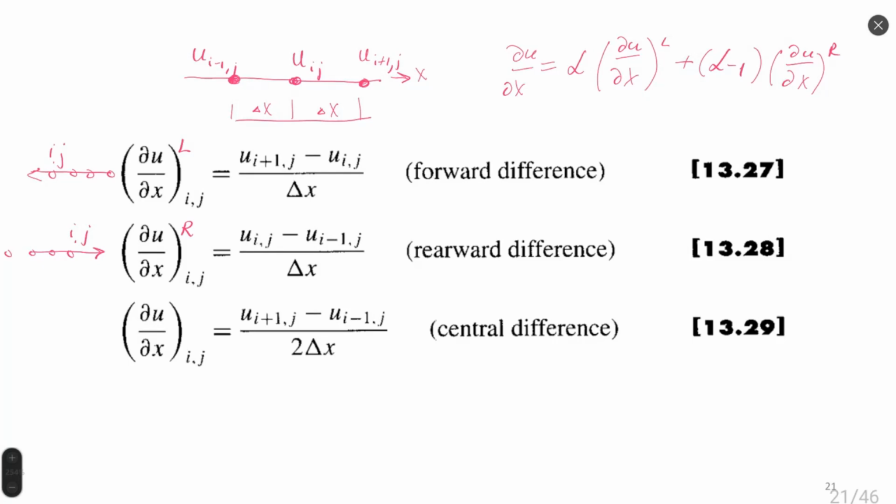So in this case, alpha will be equal to 1, okay, and the derivative will be just this here. In the case when perturbations are going to the right, we can define that alpha is equal to 0. So our derivative will be calculated just using the right side of this relation.